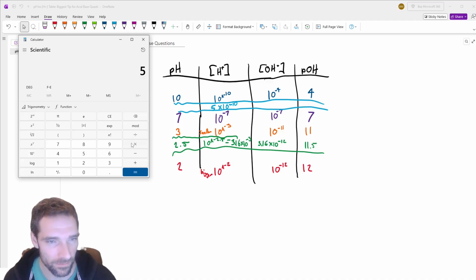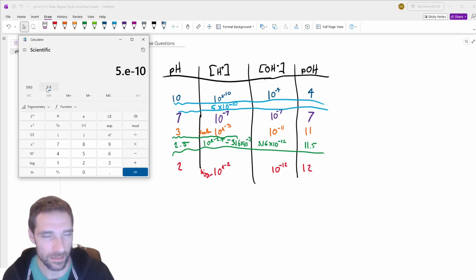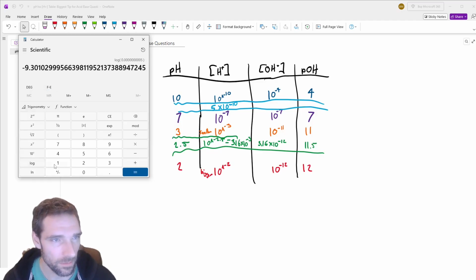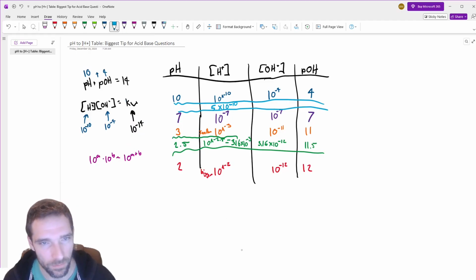So if we have 5 times 10 to the negative 10th power, you can see in the calculator that's what we've got. And you can take that and say, well, what's the log of that? And I'm getting a 9.3 for the pH for that.